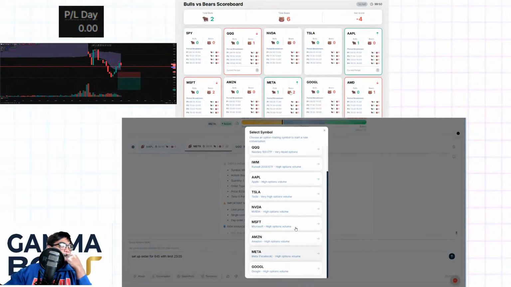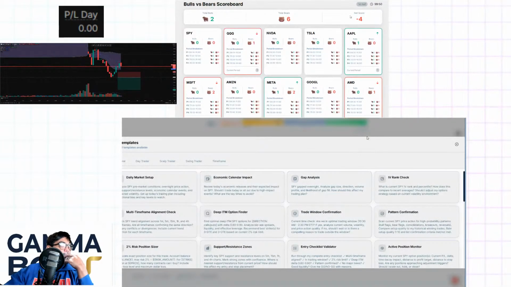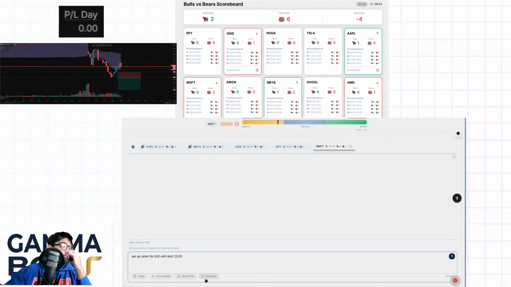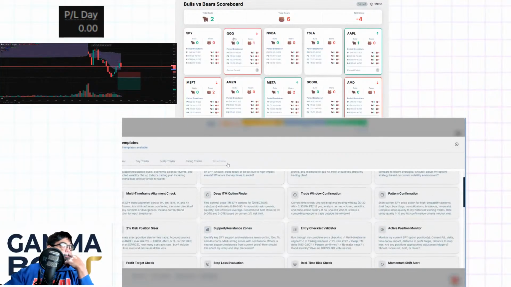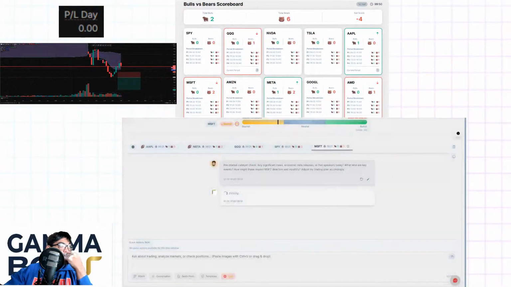Meta, Microsoft. All right, let's check Microsoft out. Right now, it looks very bullish. It's showing moderately bullish, but we'll see. Let's see if there's anything in the news.